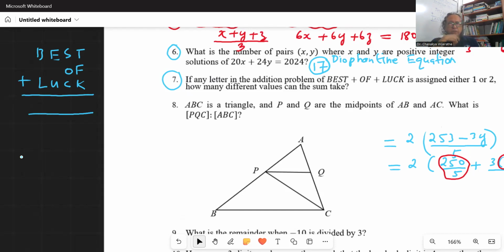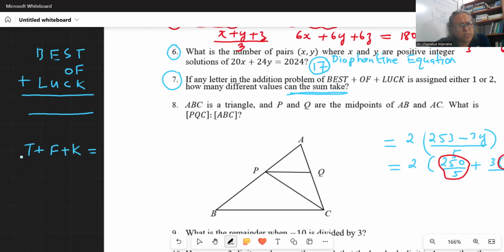So each letter is assigned 1 or 2. So any one of these letters is either 1 or 2, right? And then how many different values can the sum take? So if each letter of T, F, K is 1 or 2, how many different values can T plus F plus K take?